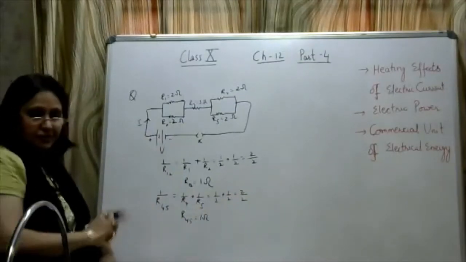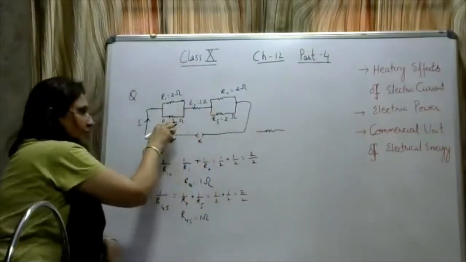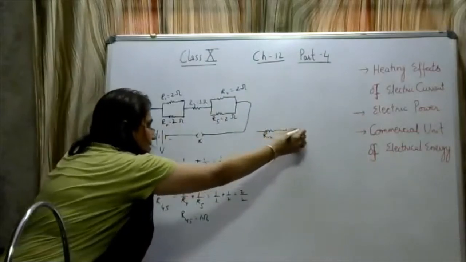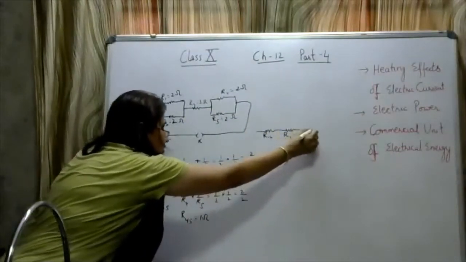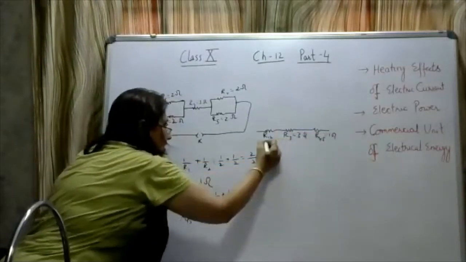Okay, now let us redraw this circuit diagram. Now in place of R1 and R2, the equivalent is R12, which is connected to R3 resistance, which is equal to 3 ohm. And this is connected to R45, which is again equal to 1 ohm.